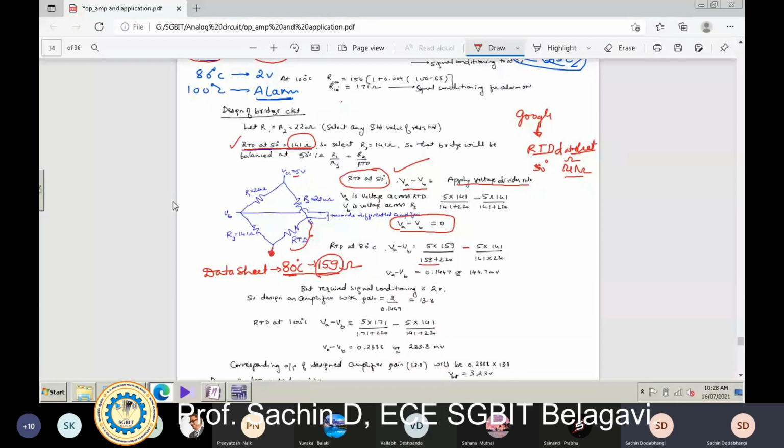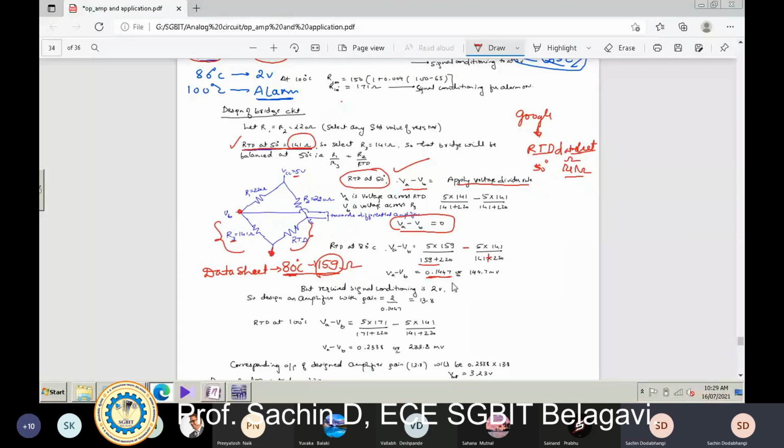VB is the voltage at this point with respect to ground, meaning voltage across R3, which is fixed. 5 into 141 divided by 141 plus 220. After calculating it, what do we find? It is 0.1447. So at 80 degrees centigrade, the difference in voltage VA minus VB is 0.1447.